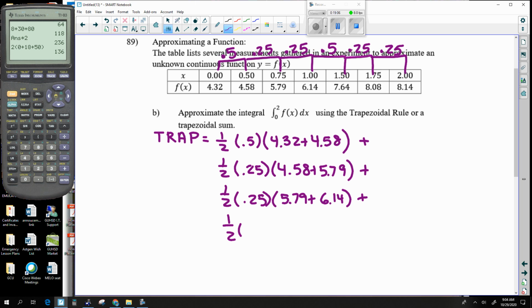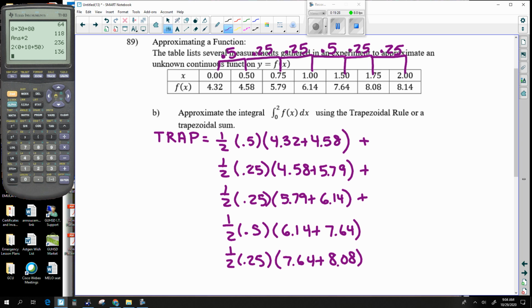Then 1/2, the height, this one is 0.5, base 1 plus base 2. Back down to 0.25, base 1 plus base 2. Last one, 2.5, base 1 plus base 2.